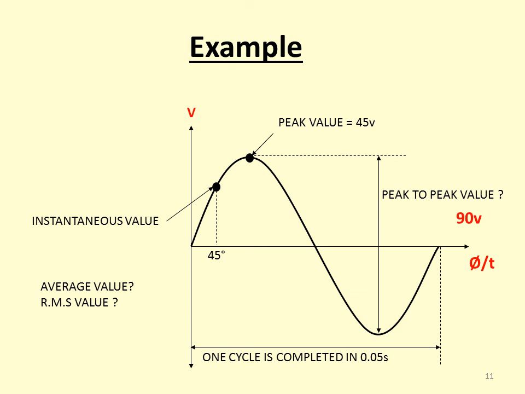The average value can be worked out by multiplying the peak value by 0.637 to give us 28.67. The RMS value can be found by multiplying the peak value by 0.7071 to give us 31.82.